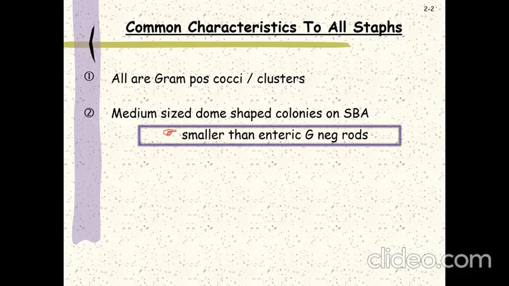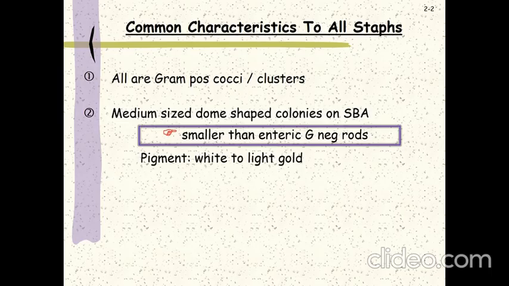As a reference, they are generally smaller than the enteric gram-negative rods. Though we don't categorize them based on their pigment, the pigment differs quite a bit more in Staphylococcus aureus, but white to light gold is generally what we see.